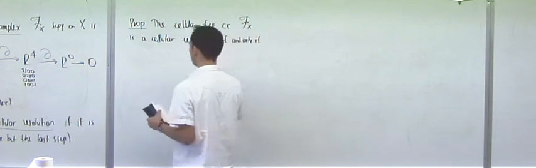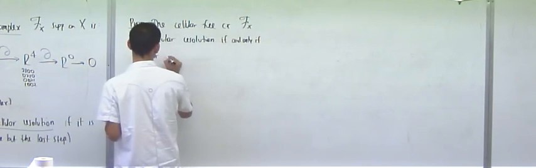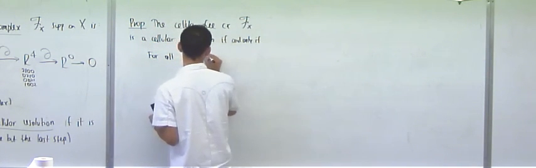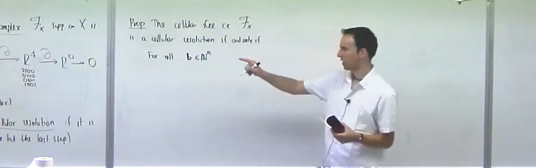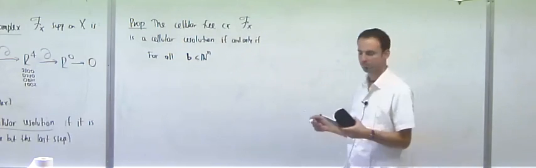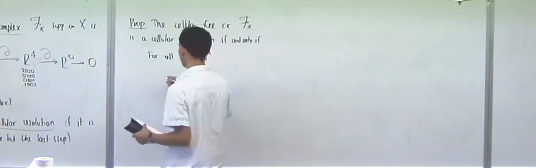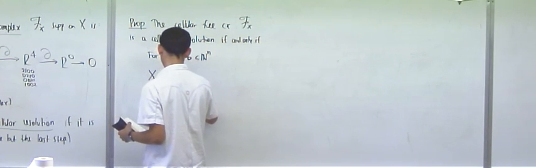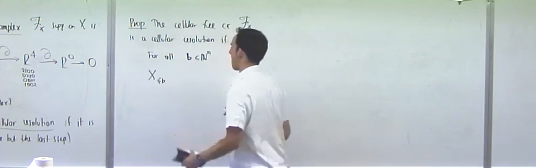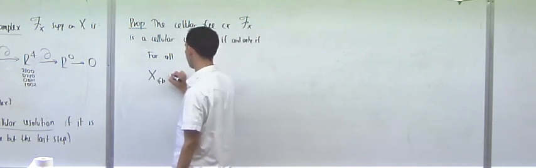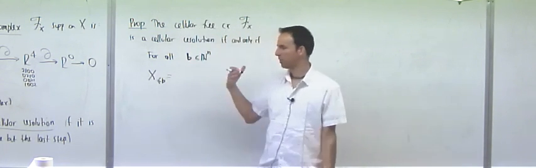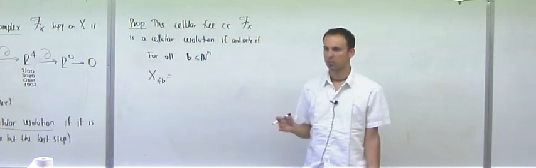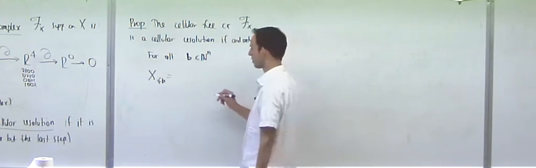And the condition that we need is that for all multi-degrees b, we're going to define a subcomplex of that thing. And it is basically going to be the subcomplex of faces whose labels are less than or equal to b component-wise. Okay.